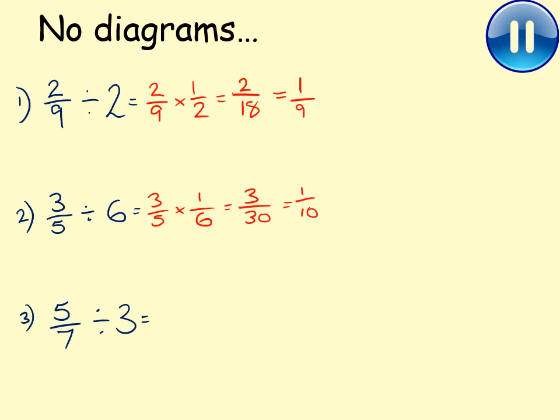And then our third question, 5/7 divided by 3, rewrite it as a multiplication. Let's turn that 3 into a fraction. 1 5 is 5, 3 7s are 21. And can we simplify that? No, there's no common factor between 5 and 21. See how easy those are? Once you've got that method, it's so much easier than using diagrams, especially if you're as bad at drawing as I am.